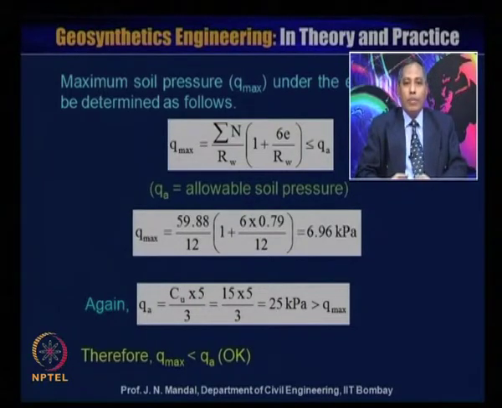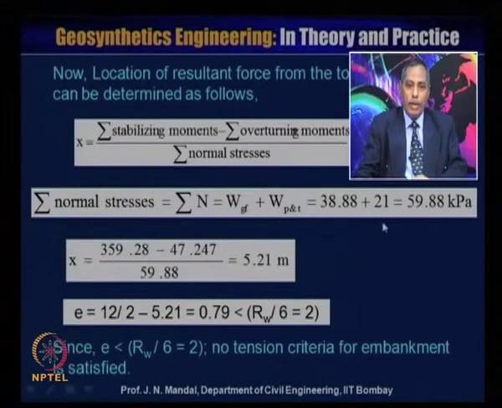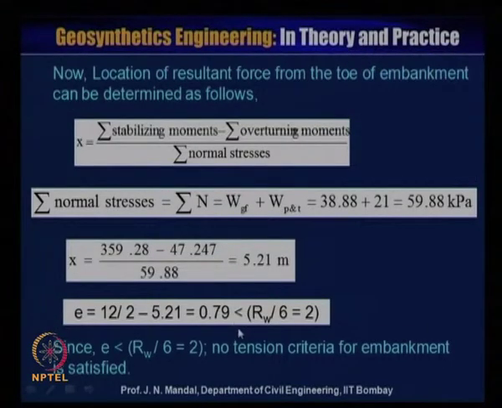Now, Q maximum is equal to summation of N, 59.88, divided by RW, the road width of 12 meter, into 1 plus 6E, and we calculated E value as 0.79.